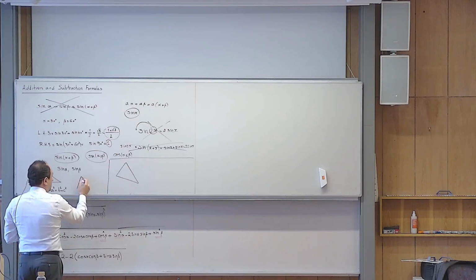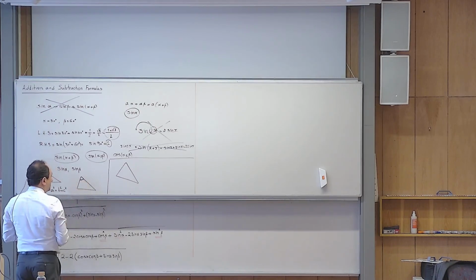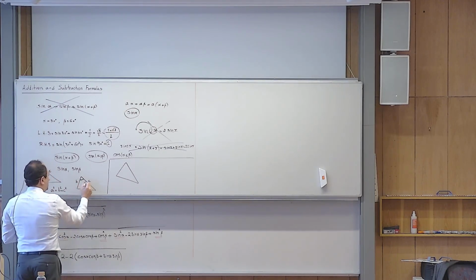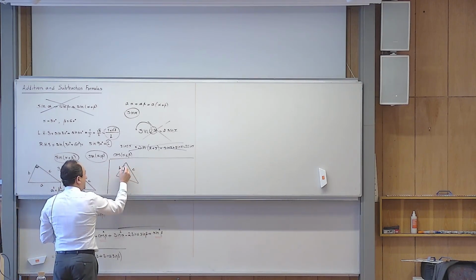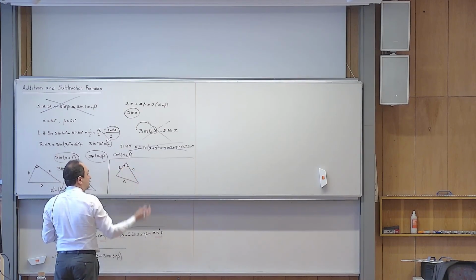For example, if I have this scenario, where this angle is not 90, and this is B and this is C and this is A, so let me write it here, B, C, A, this angle could be 90, but this also works if it is not 90.